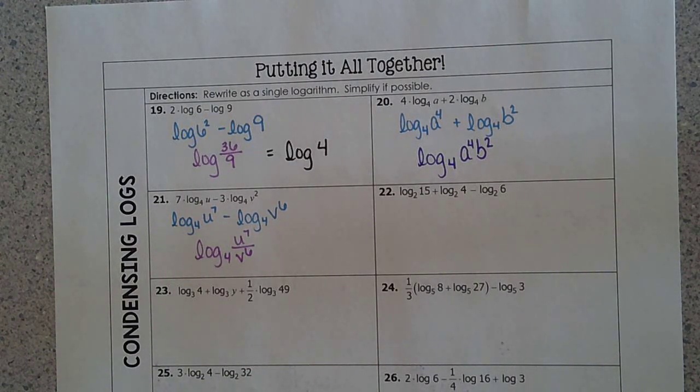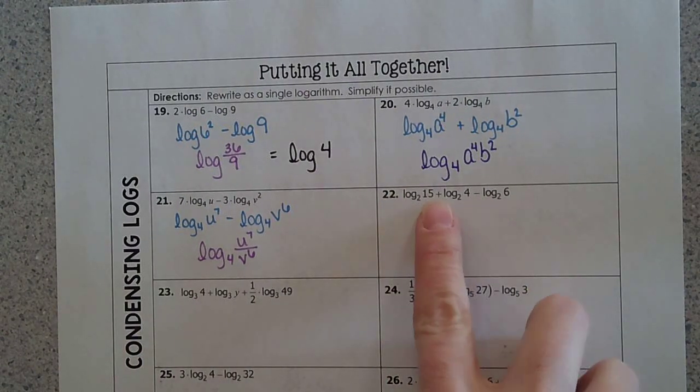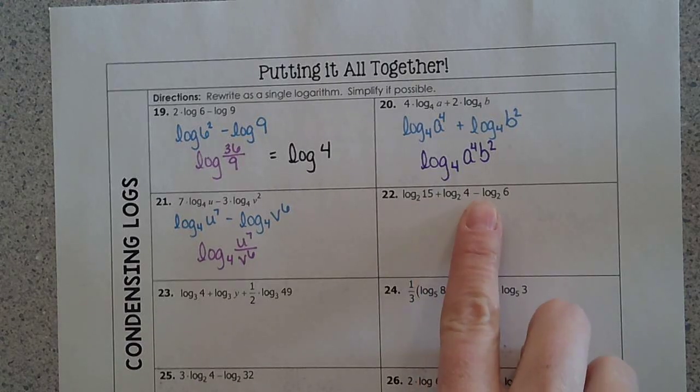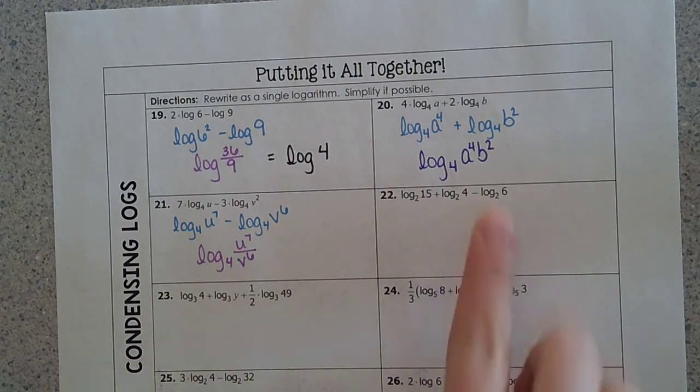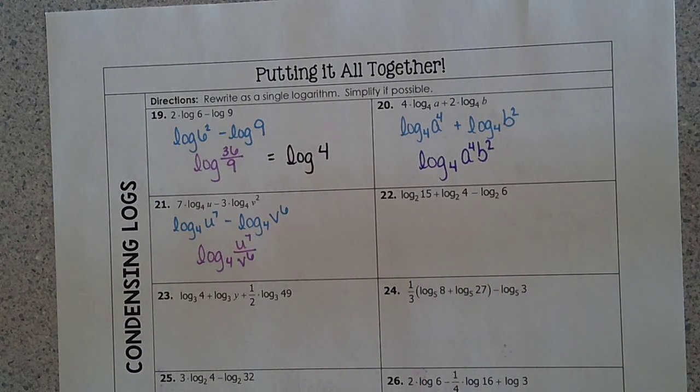Okay, looking at number 22, I don't have any coefficients. I have addition and I have subtraction. I'm going to do both in one go. The numbers that are addition are going to get multiplied together, and then they're going to be divided by the number that's subtraction.